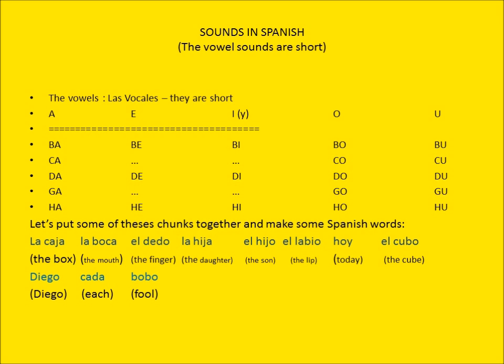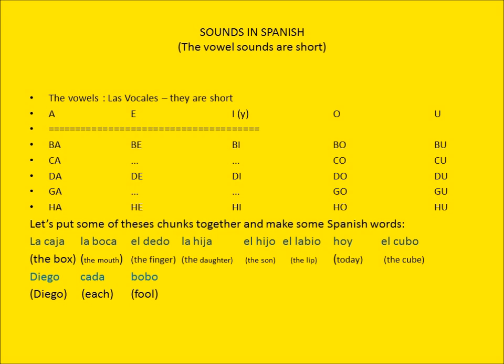The family ga, go, gu, those are hard sounds. If I put the G and the E, it would give me a soft sound. The G and the I would give me a soft sound. So the sounds that are missing here don't match the ones that are there.